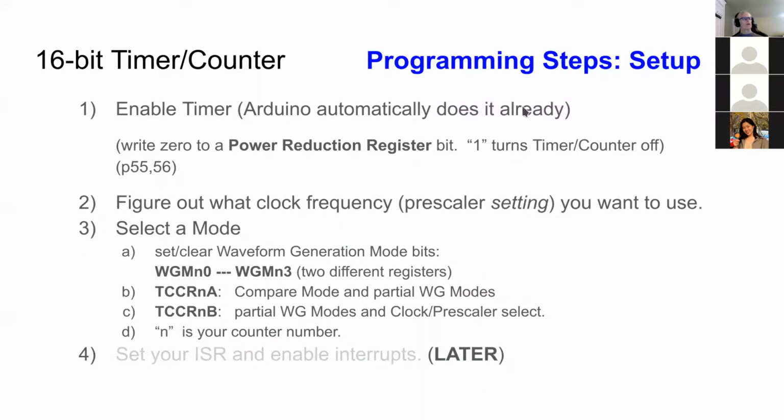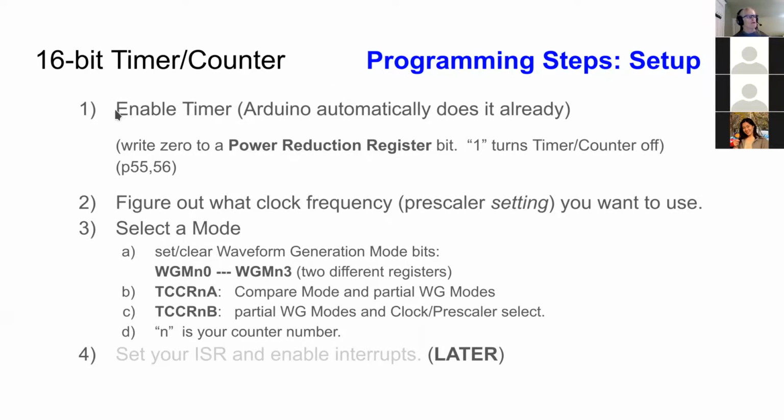Okay, so how do we actually write code for this timer? So first thing is in setup. Arduino explicitly exposes a setup routine, but regardless of whether you're using the Arduino environment or not, you need to set up your hardware before you use it.